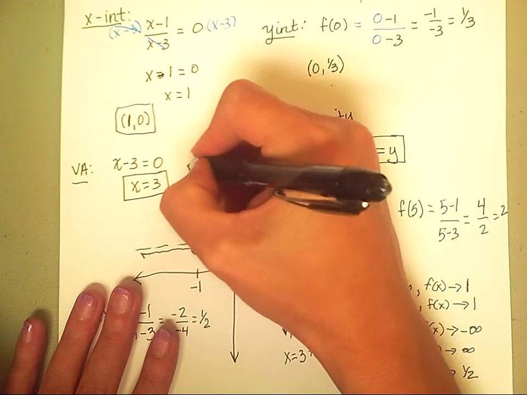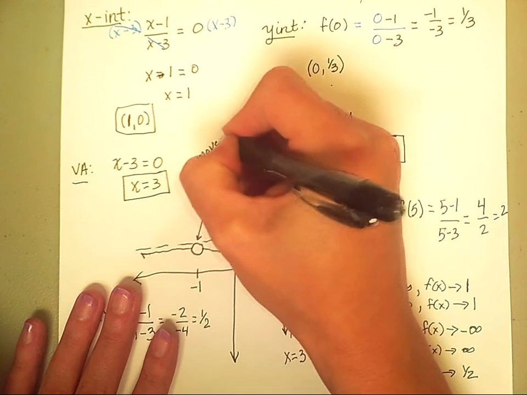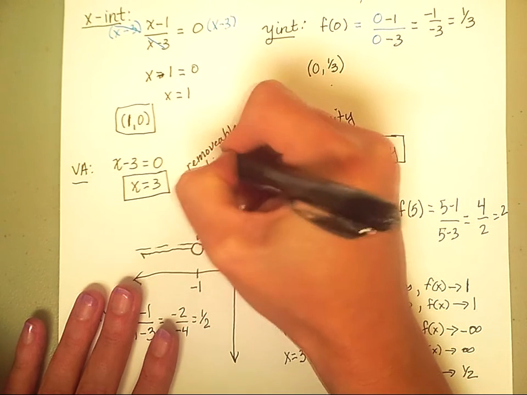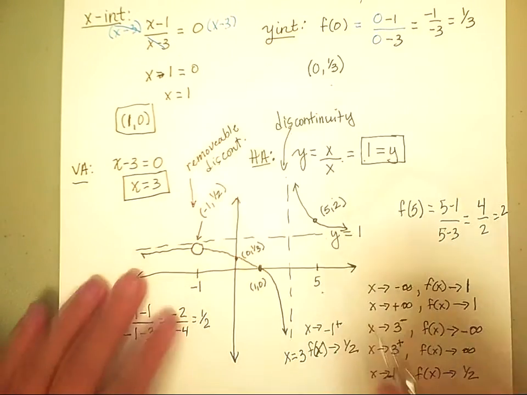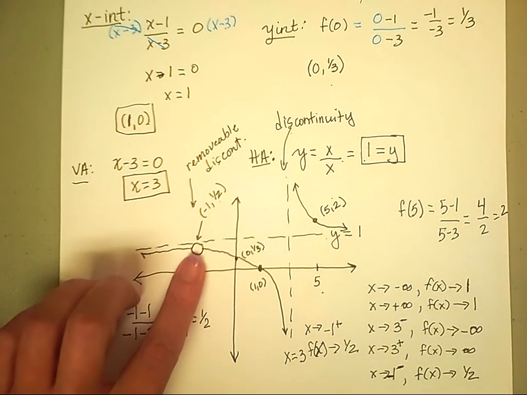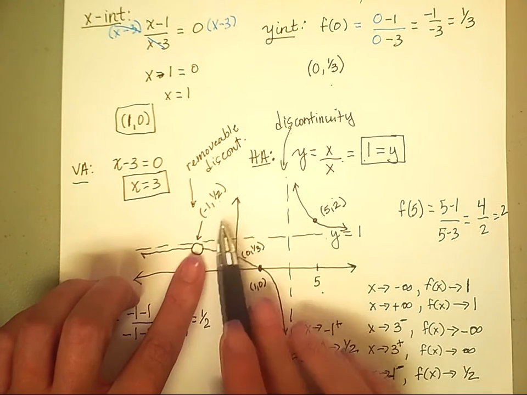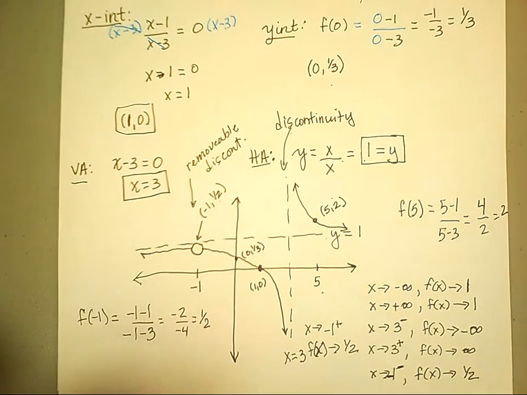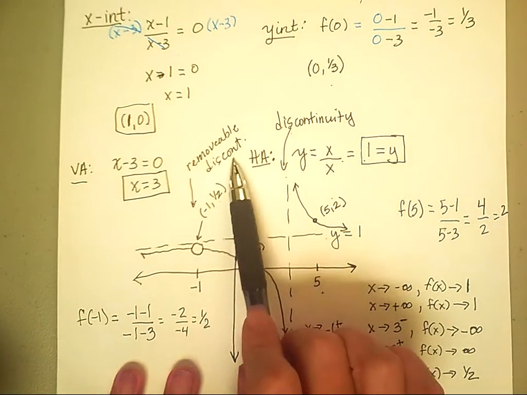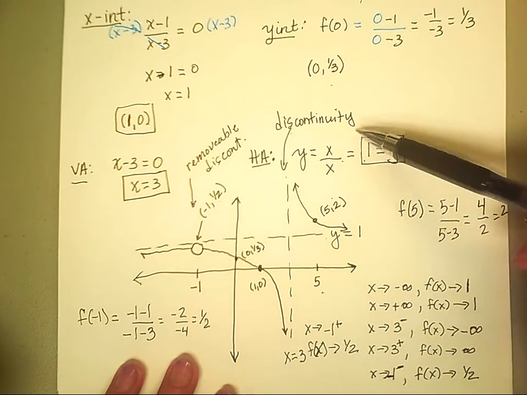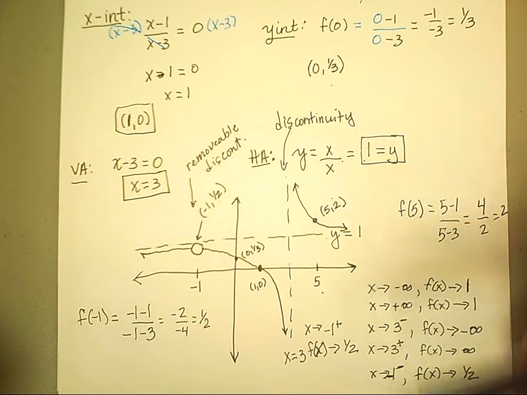However, this one is a removable discontinuity, because it's just that one little hole, and we can use the reduced function to find out what value the function itself is approaching. So holes lead to removable discontinuities, and asymptotes are just simply a discontinuity.